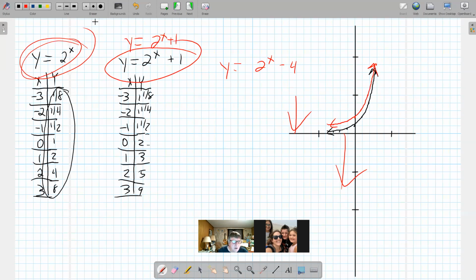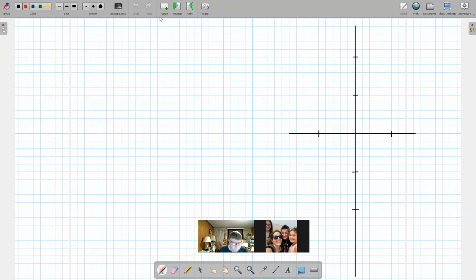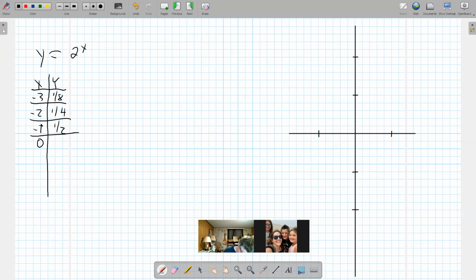Now, let's see here. Suppose I've got y equals 2 to the x again: -3, 1/8, -2, 1/4, -1, 1/2, 0, 1, 1, 2, 2, 4, 3, 8.